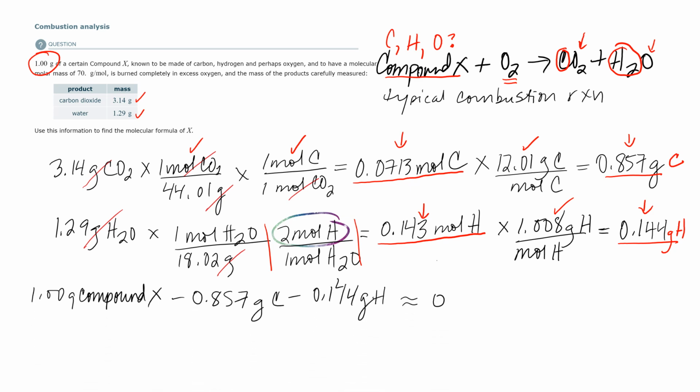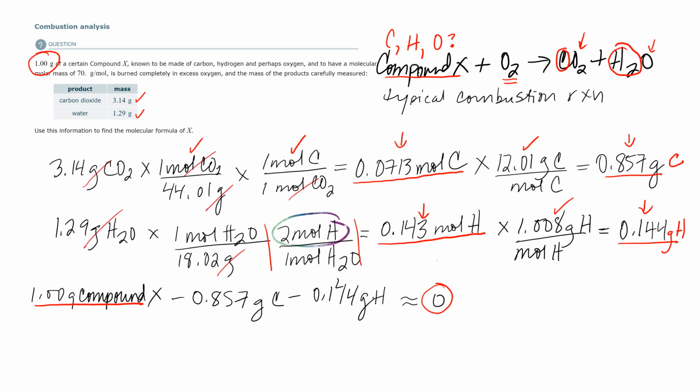So if we take 1 gram of compound X and subtract the grams of carbon and the grams of hydrogen we just calculated, we get something very close to 0. So in this instance, there is no oxygen in compound X because the grams of carbon and hydrogen add up pretty much exactly to 1 gram. Now, this isn't always true in these problems, but in this case it is.